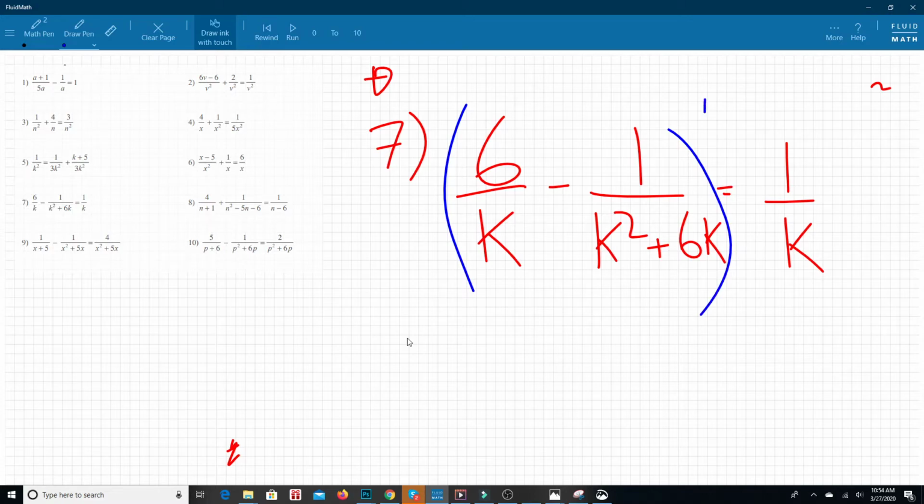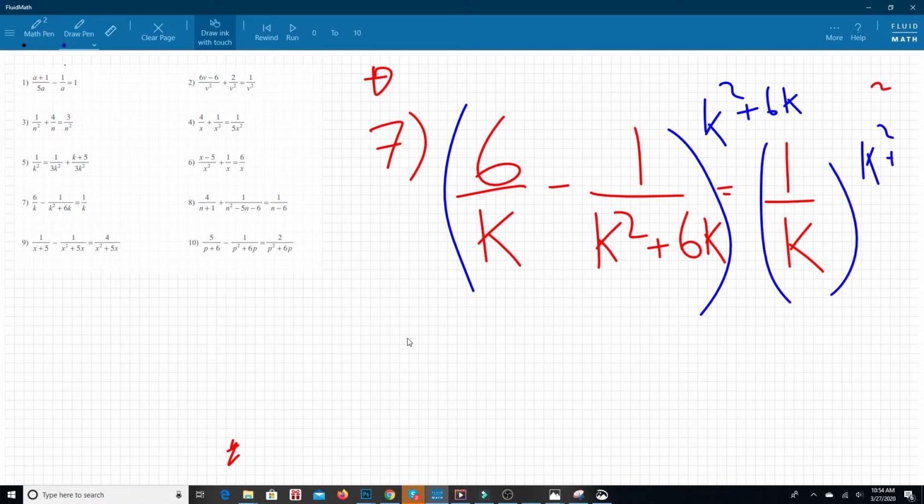So it's going to be k squared plus 6k. Alright? Let me break up the k squared plus 6k. Then you can see how k can actually go into it. That may make things a little bit clearer for you guys. Keep in mind that the k squared plus 6k is a term that's going to be eliminating the denominator k squared plus 6k, as well as eliminating the k.